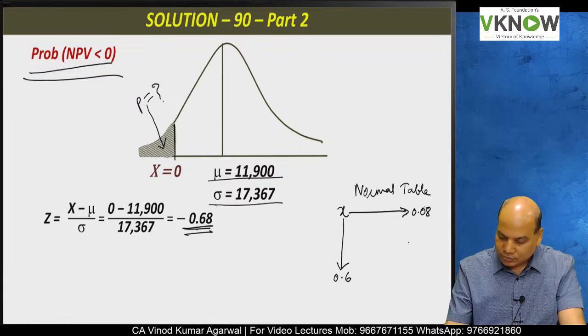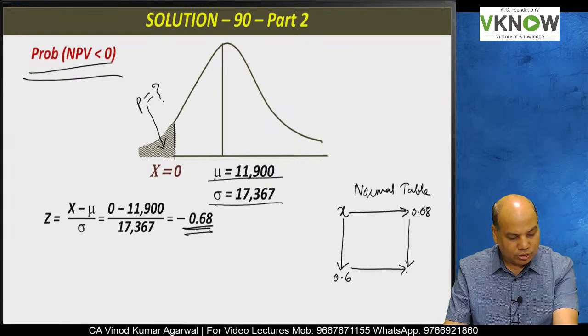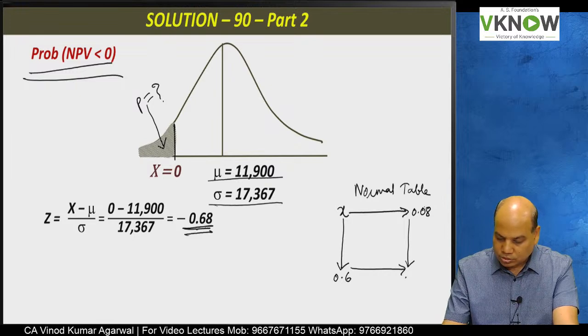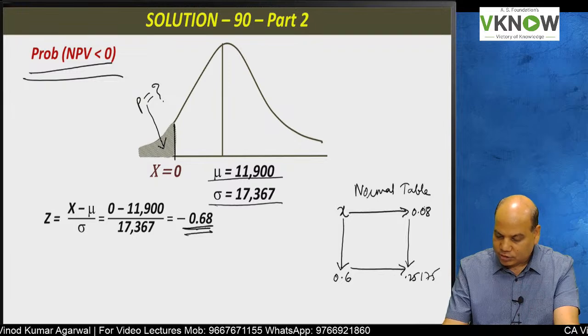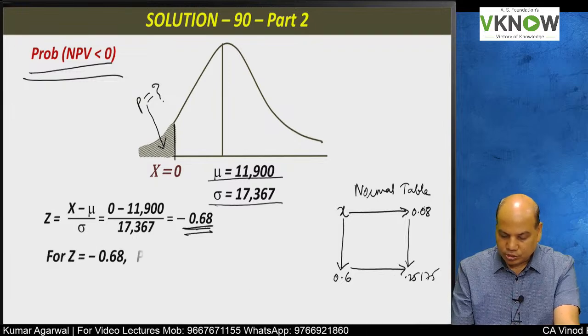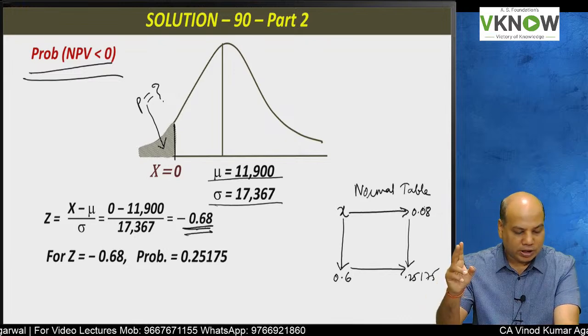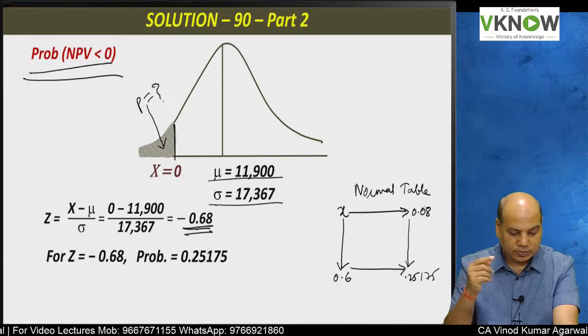So you have to match it now. The value you will find there, how much is the value there? 0.25175. Can you see this number? 0.25175 in our table that I have provided to you at the end of the book.